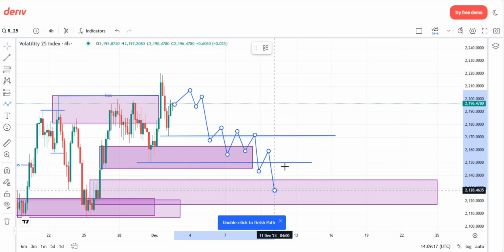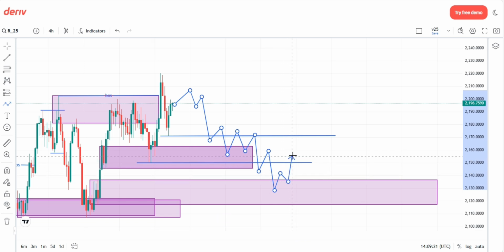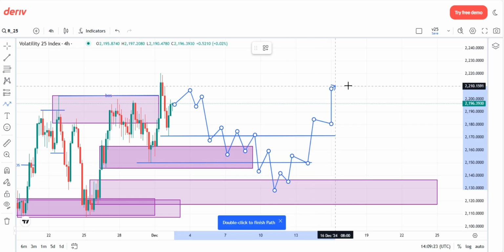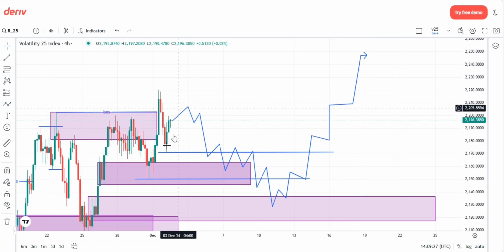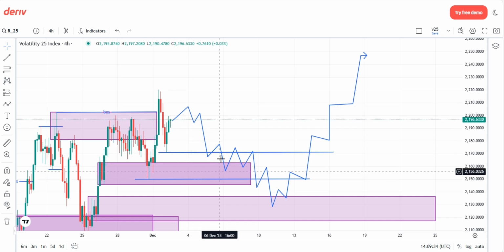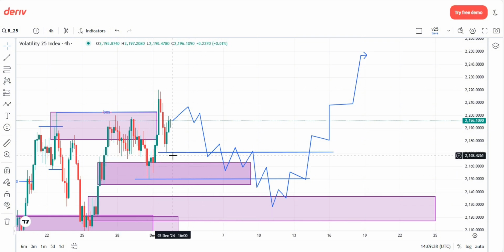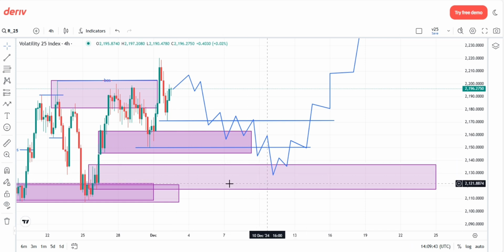And then boom, the market will start to go up. So I want to see the market doing something like this, creating a lower high, lower low, clearing all the liquidity on these areas and gaining much support here.